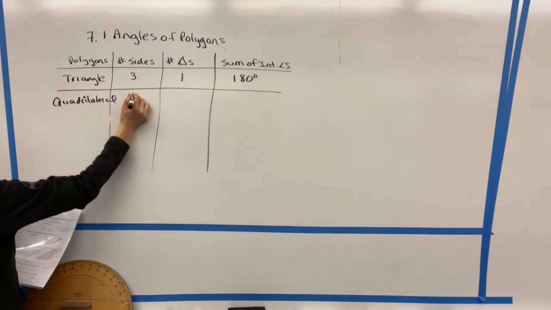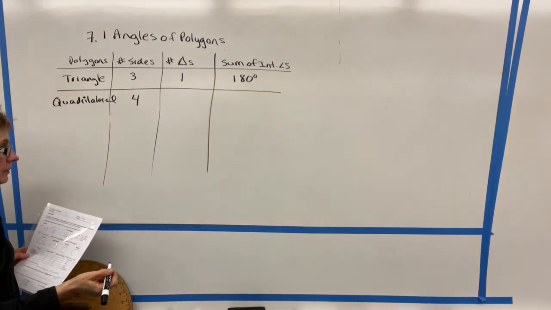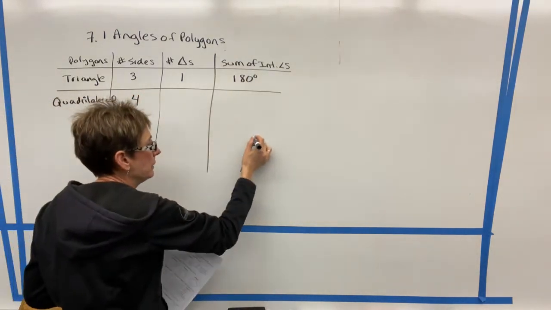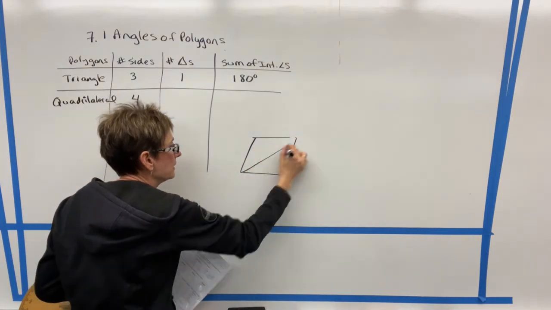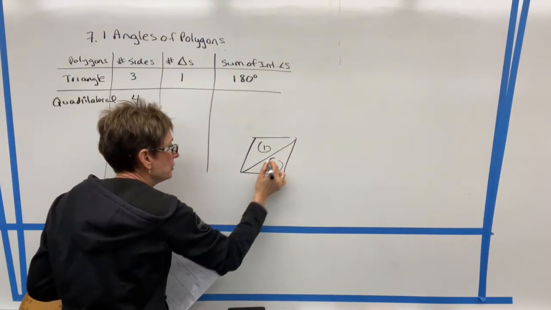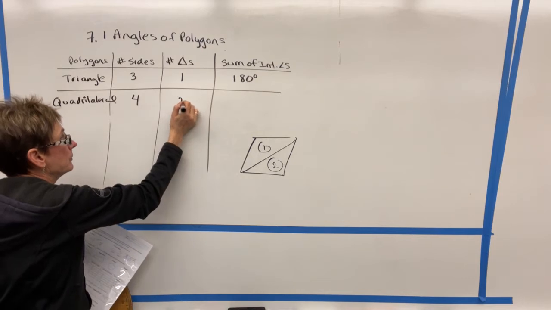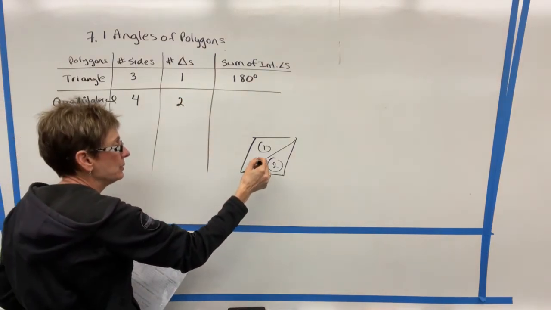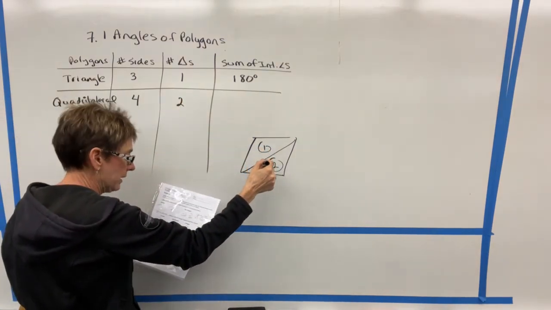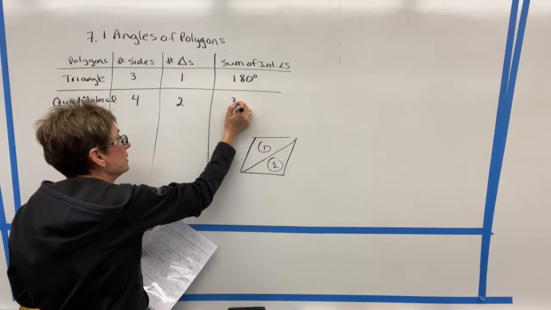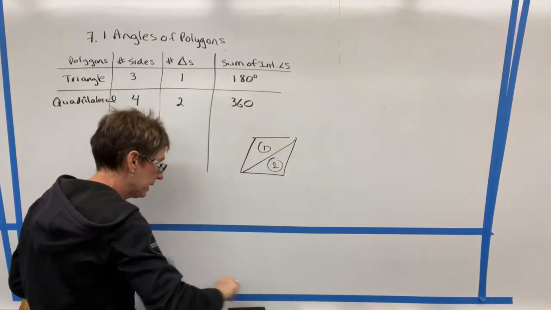A quadrilateral would have 4 sides. And if you just draw any random quadrilateral, you can see that there would be 2 triangles inside it. So the interior angles would be 180 for the first triangle and 180 for the second triangle, or 360 total.